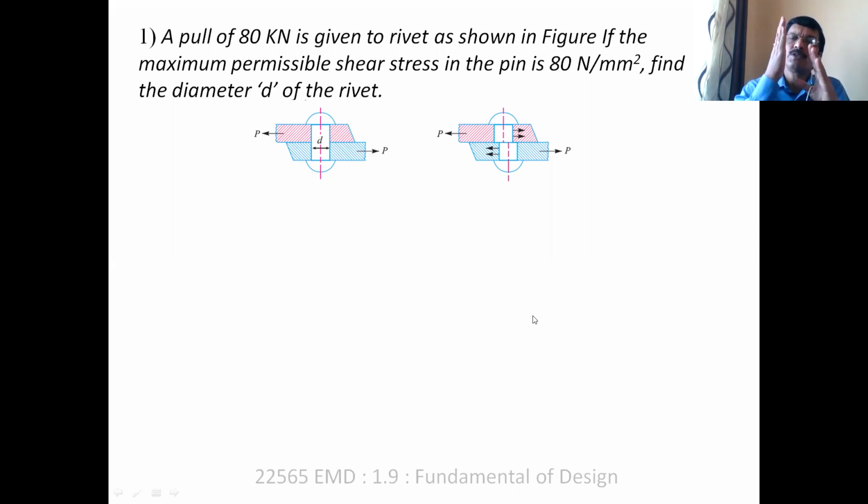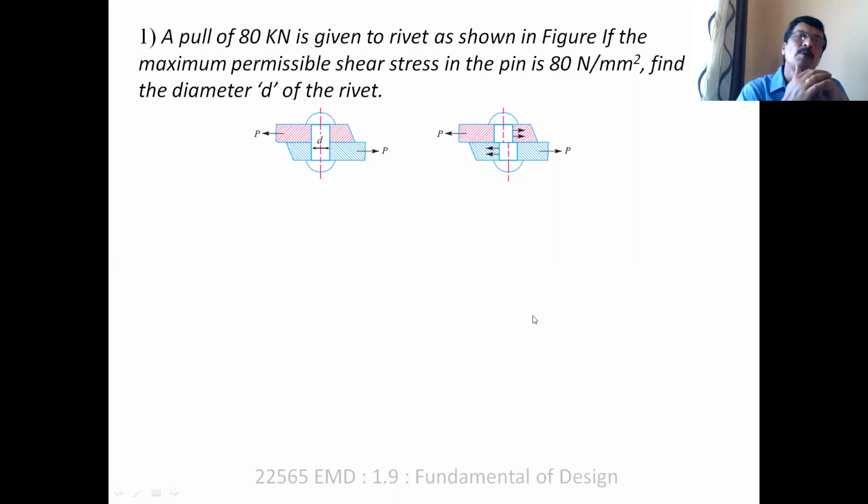The axis of the rivet is exactly perpendicular to the direction of the force. So if you look at the failure area, in case of tensile stress it is perpendicular, but here it is parallel to the force. So that is the difference.